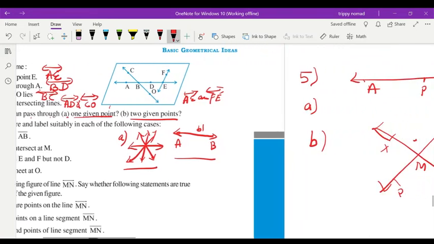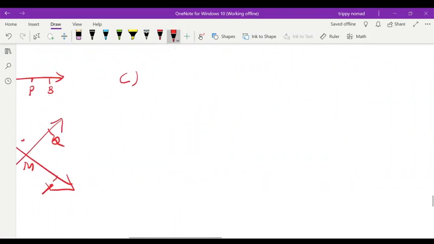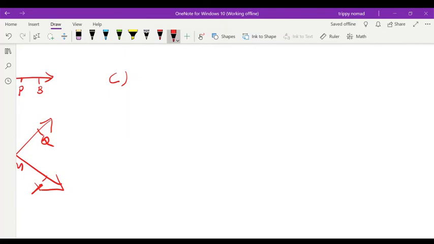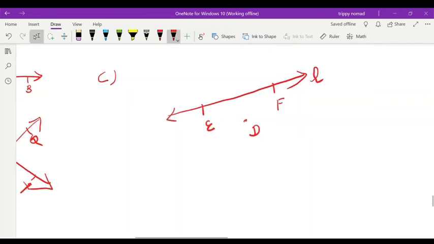Line L contains points E and F. Here E and this one F, and this is point D, not on line L. Understood? This is line L.